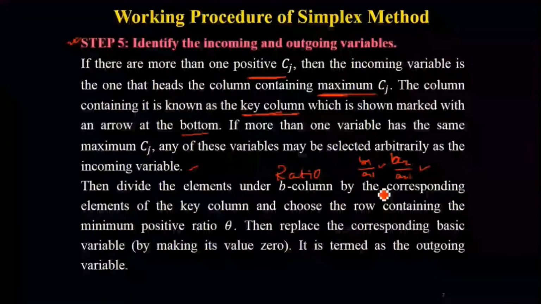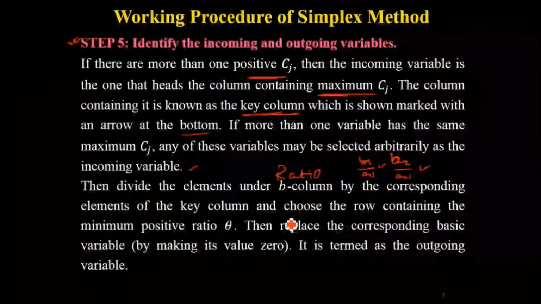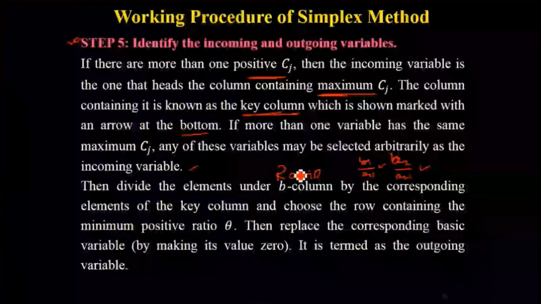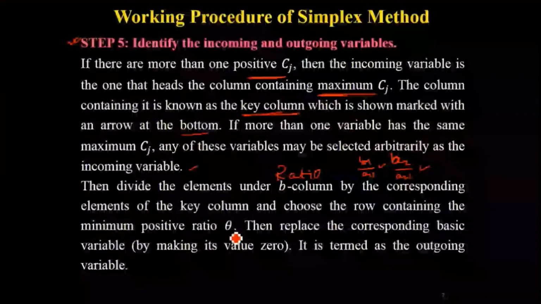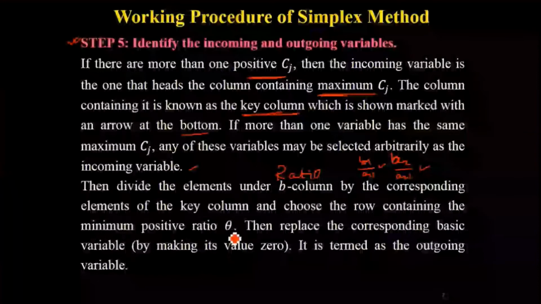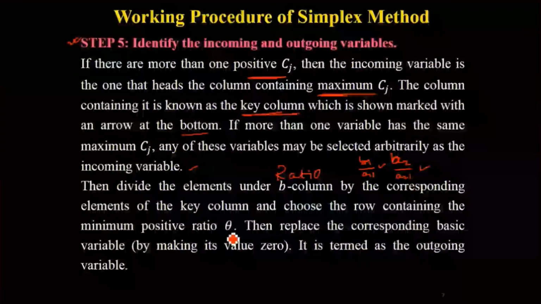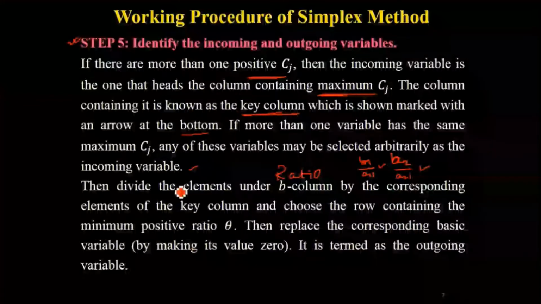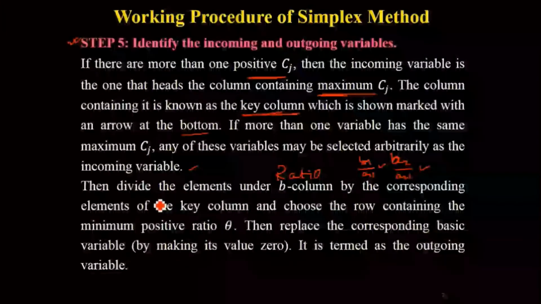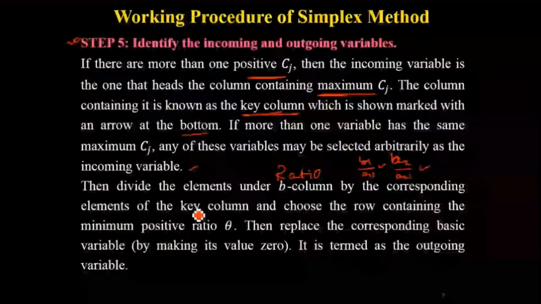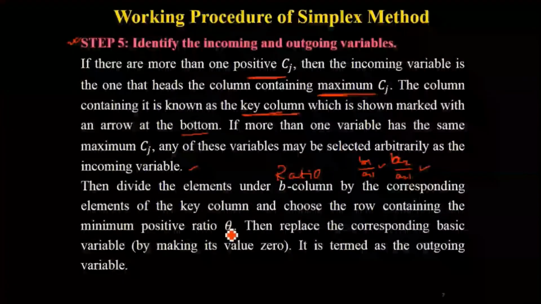We will see this when we solve the problem. Then, after getting the ratios, we choose the row containing the minimum positive ratio. We are dealing with a maximization problem, so we consider positive values: the maximum positive Cj, and the minimum positive ratio.